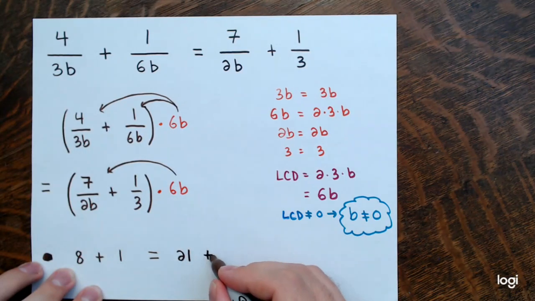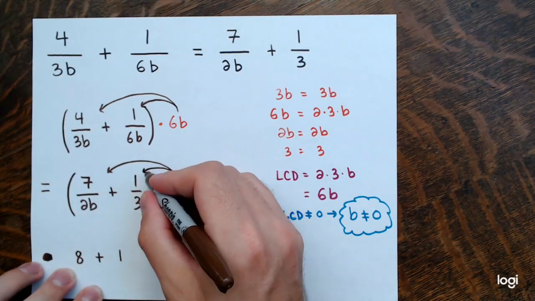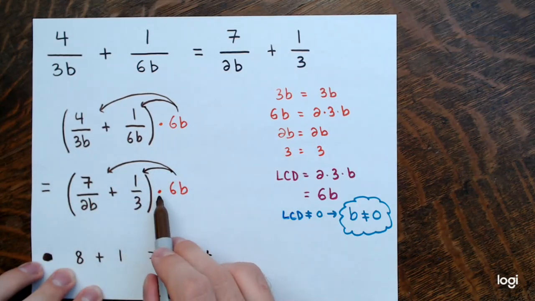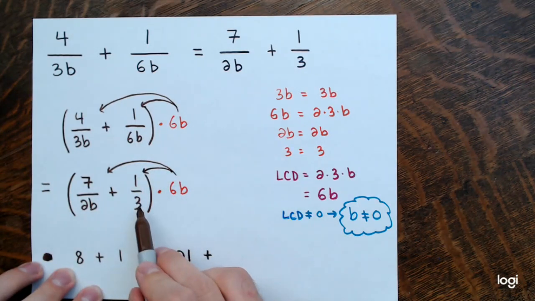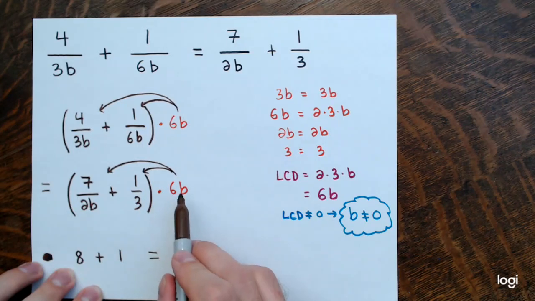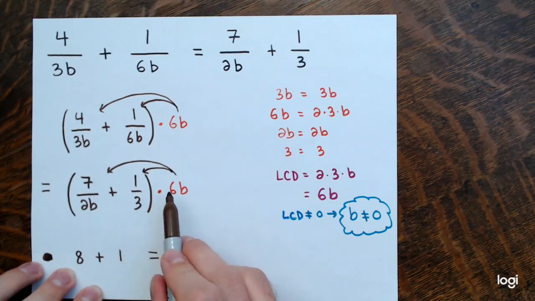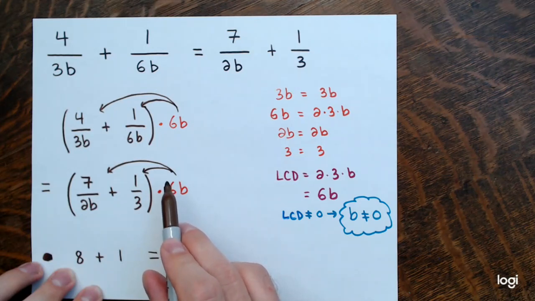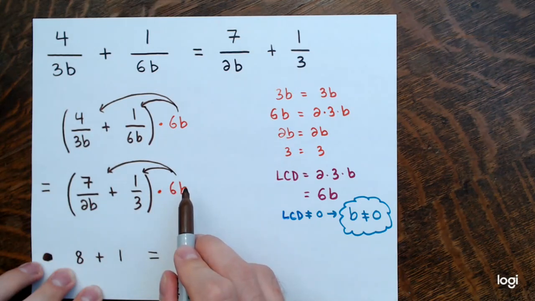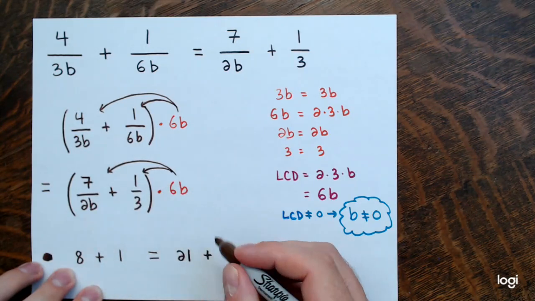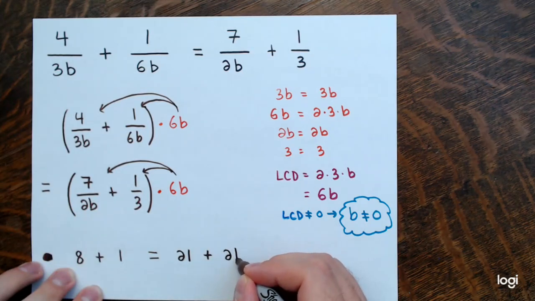And then plus, and then to the next term, 1/3 times 6B. You have 3 in the denominator, 6B in the numerator. 3 goes into 6 twice, so that becomes a 2. You'd have a factor of 2 left over, and the B is still there. So 1 times 2B, you'd have 2B.